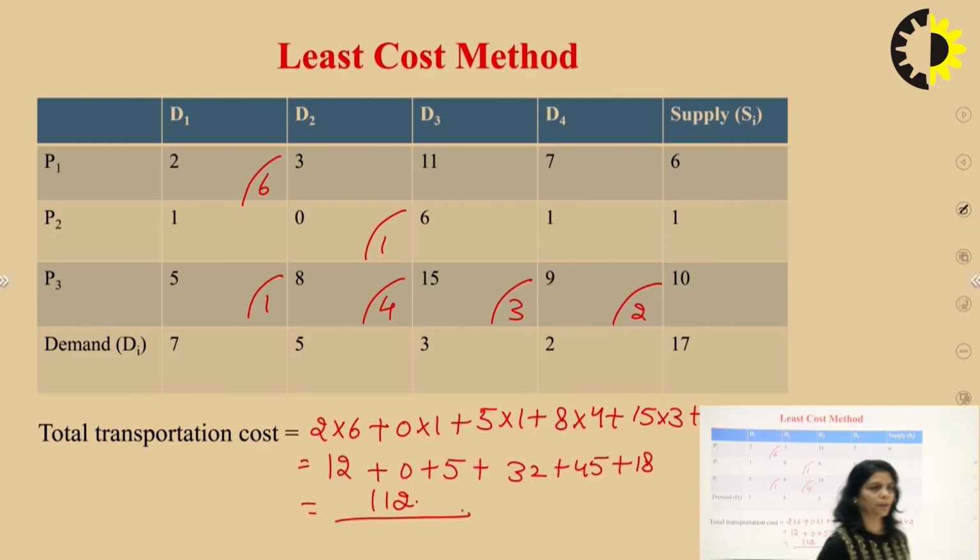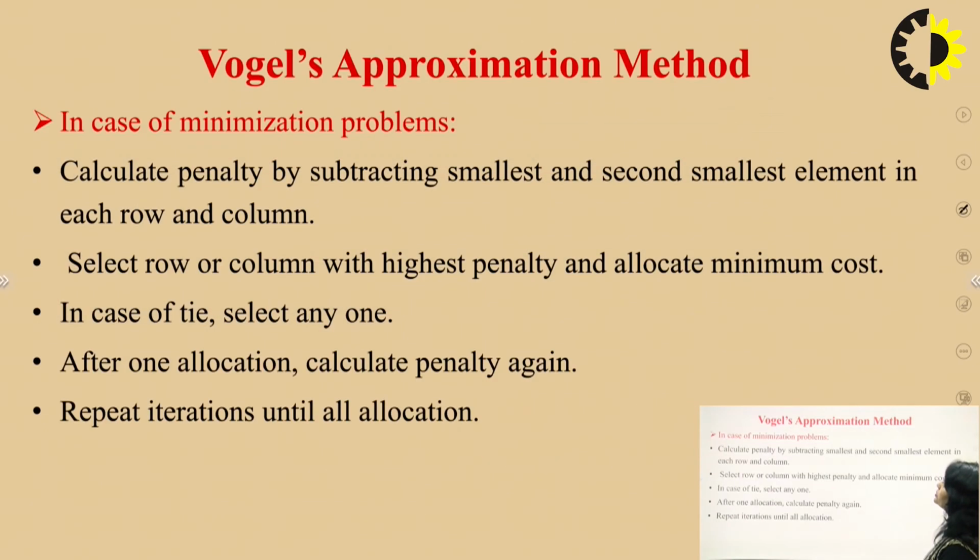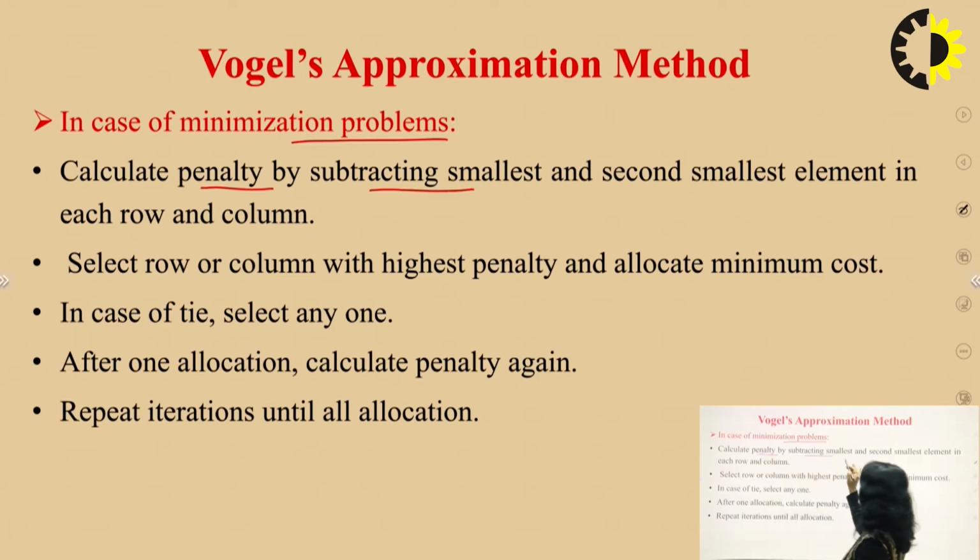Okay. Now we come to the next, that is the Vogel's approximation method. So in case of the Vogel approximation method, first we have the two cases. First one is the minimization problem and the second one is the maximization problem. Okay. So in case of the minimization problem, what we will do, we will calculate the penalties by subtracting the smallest and the second smallest element in each row and column.